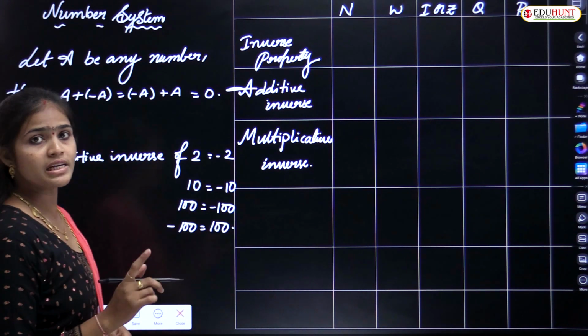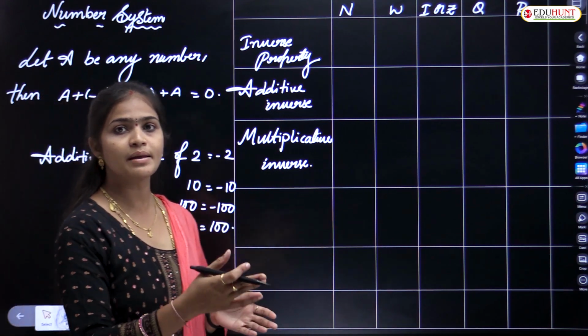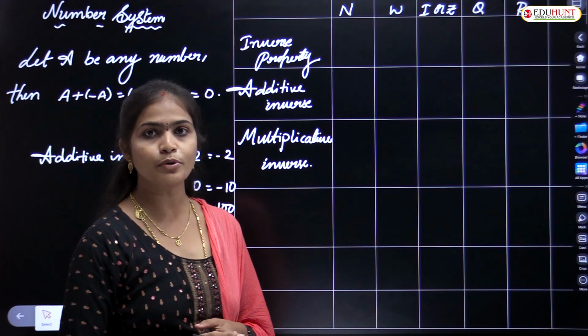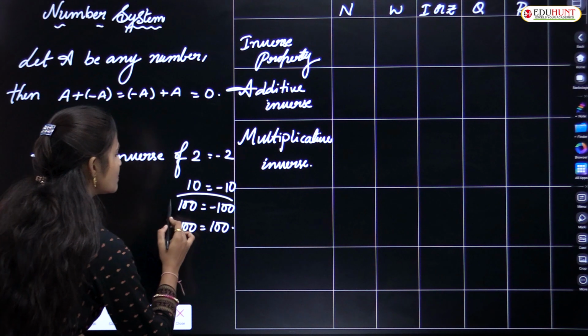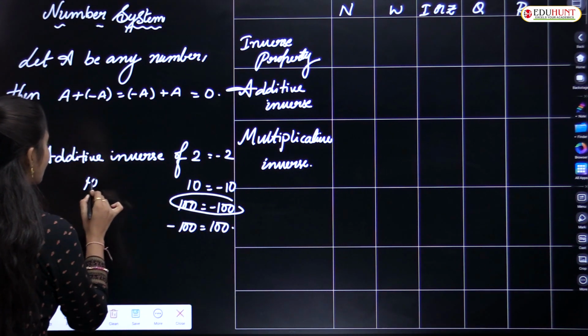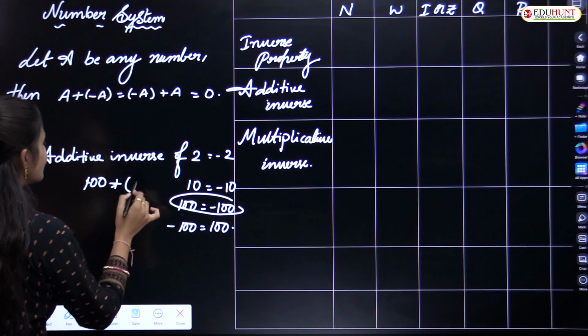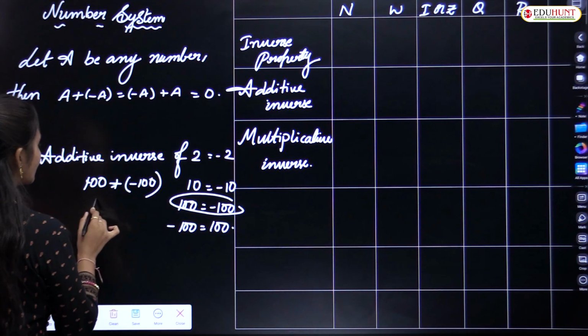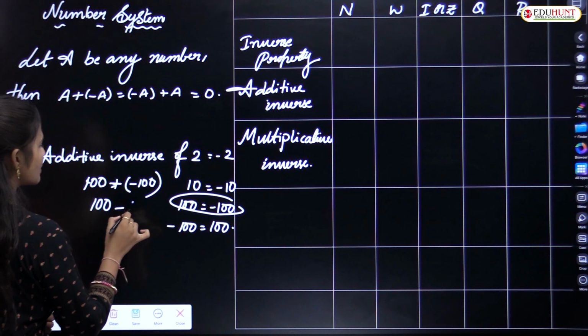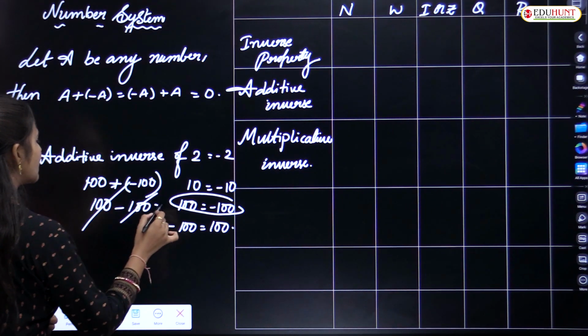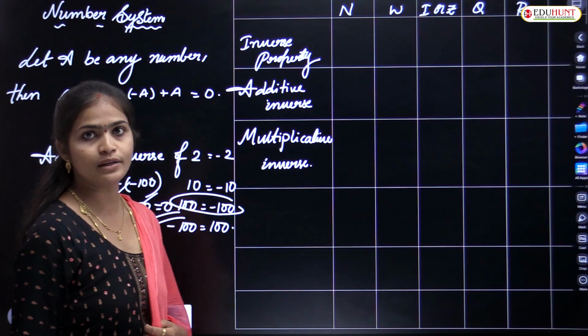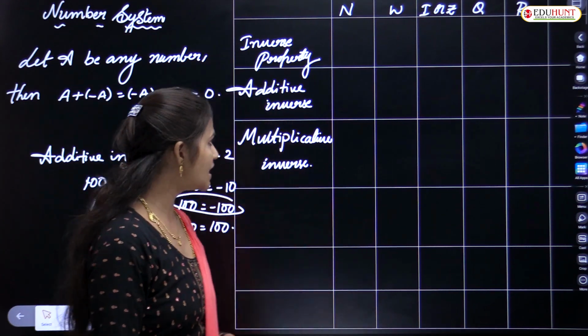Okay, we just have to change the symbol. If there is a positive symbol, make it negative; if there is a negative symbol, make it positive. Why? Because here a is equal to 100, plus minus 100. So 100 plus minus 100 you will get the result as 0.